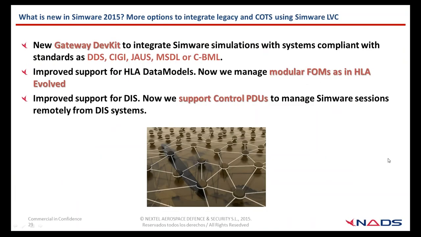Well, more things. We have what we call the Gateway Development Kit. The idea is that we already had PowerLink to create gateways between HLA and DDS, and now we have extended this to a Gateway Development Kit. Why?